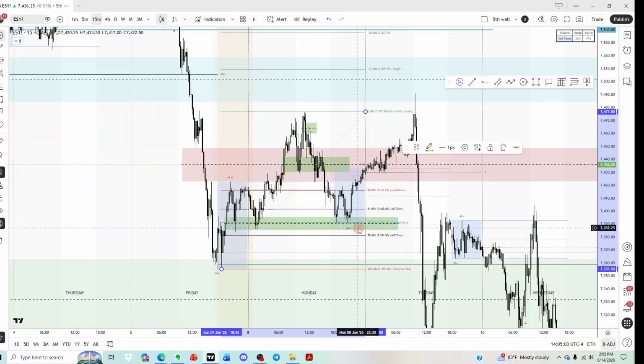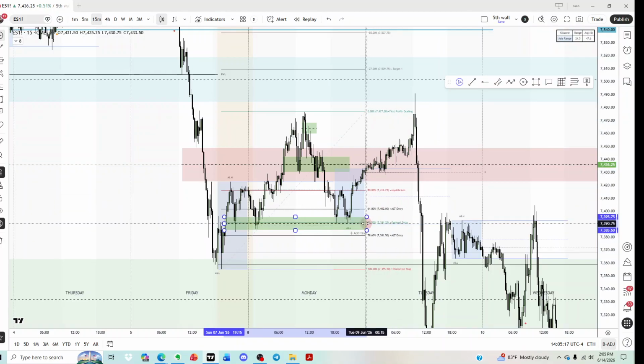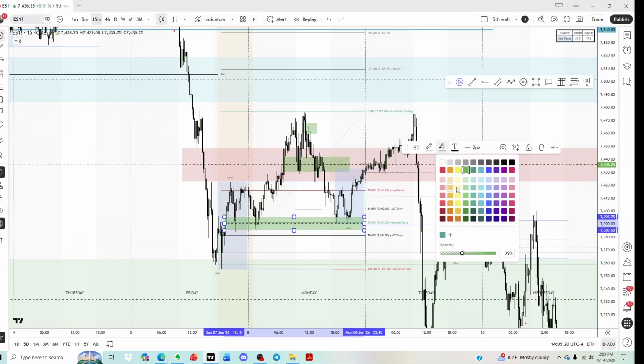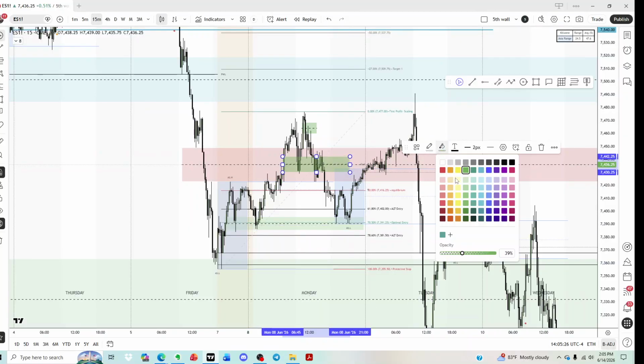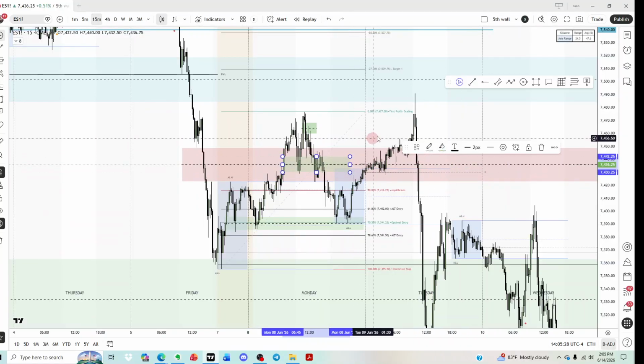But honestly, for me, looking at too many things becomes noise, becomes a distraction. So I don't really practice SMT divergences, and I'm not as great at it as everyone else that does use it. Everything that I need in general is on the chart.